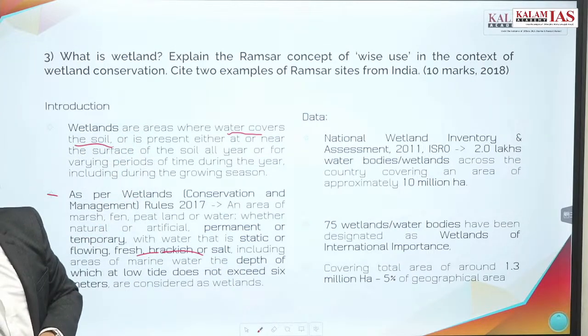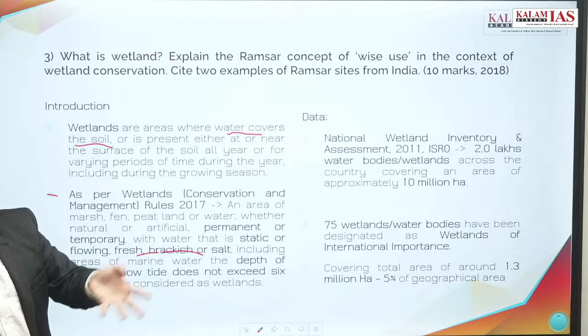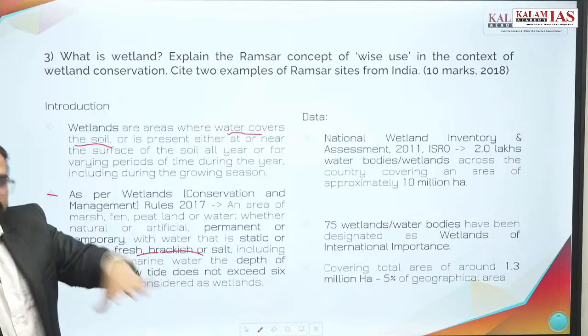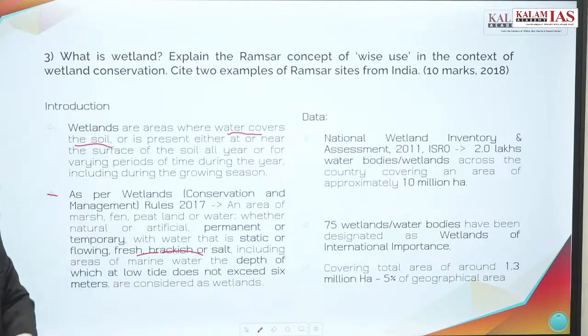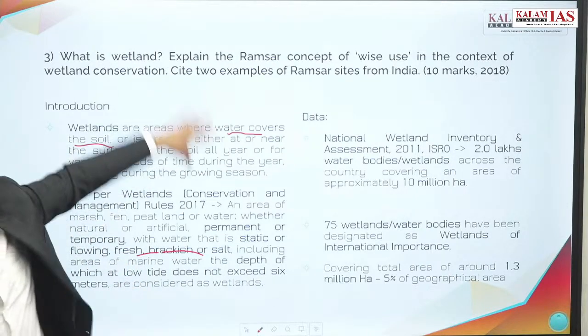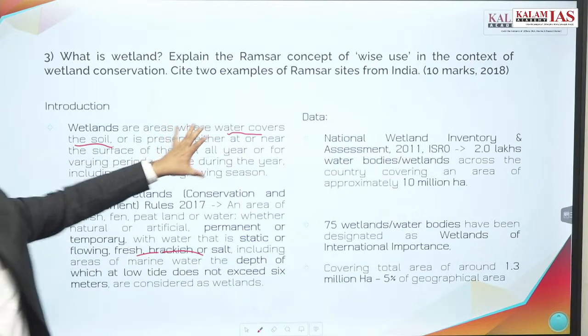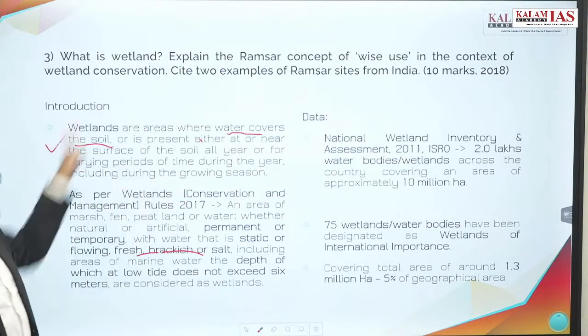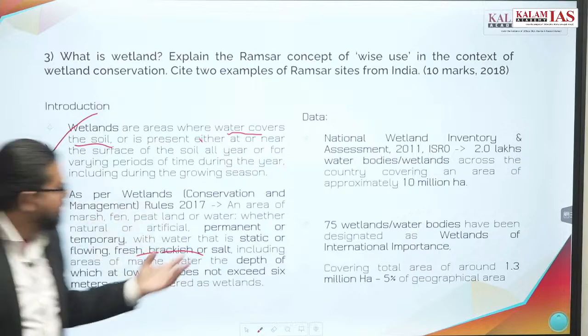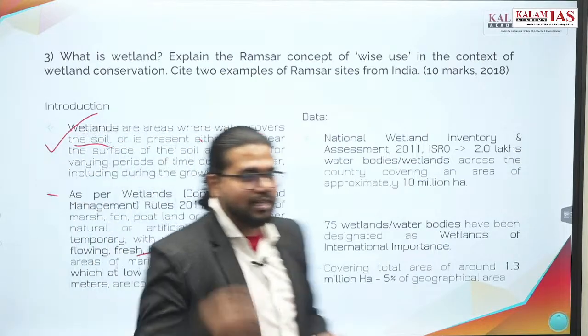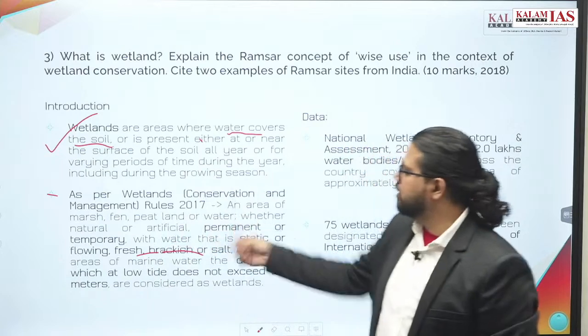Is this paddy fields a wetland? Paddy fields you have seen, right? There will not be water throughout the year. Only during that growing season there will be water. But that all comes under the definition. At some part of the year there is water. And technical definition is all those flowing, static, whatever water bodies you can think of.